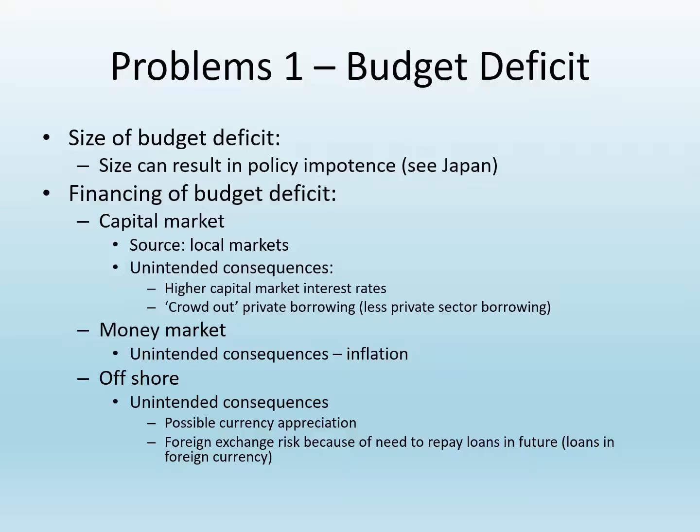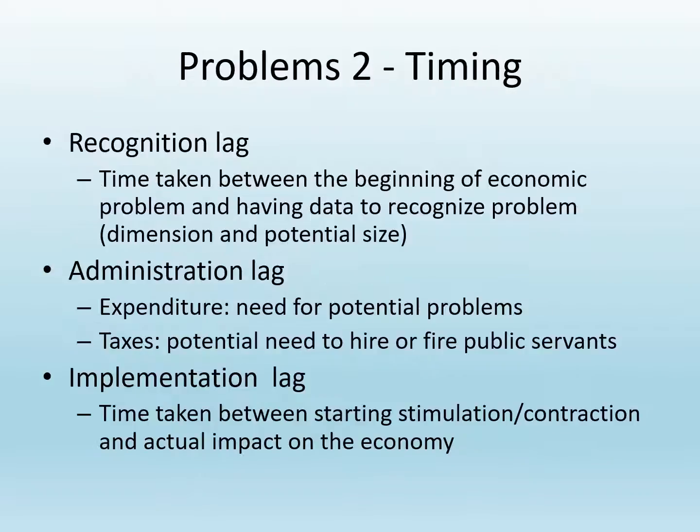If one borrows dollars offshore, a good example of this is Brazil, starting about 2012, where Brazil was borrowing offshore in dollars, and then in about 2014, 2015, the real depreciated, and the consequence was that in real terms there was a significant increase in the cost of the debt to Brazil. That can have major unintended consequences and major macroeconomic consequences.